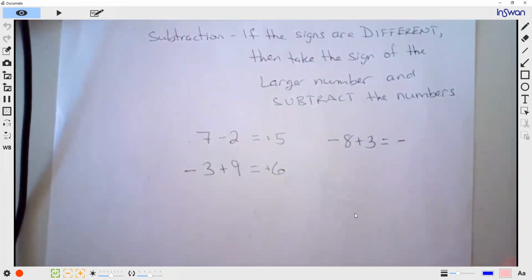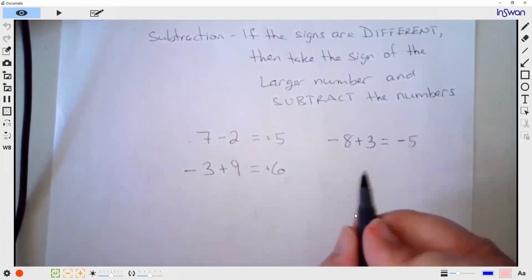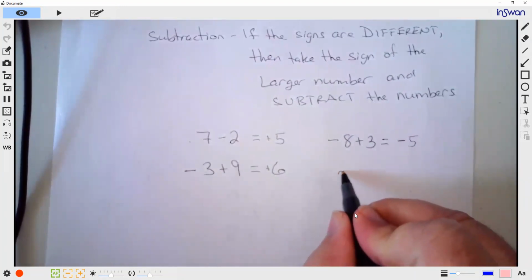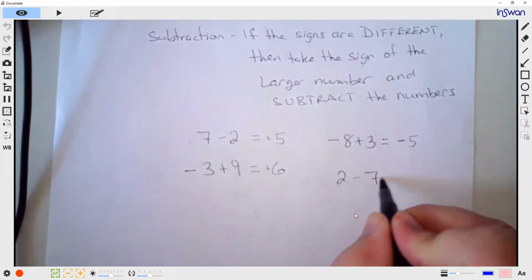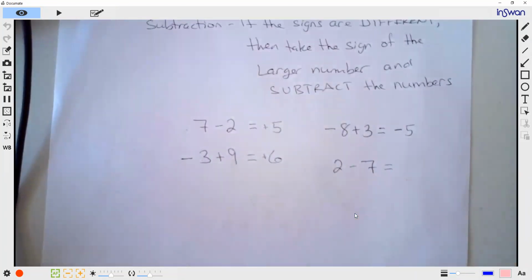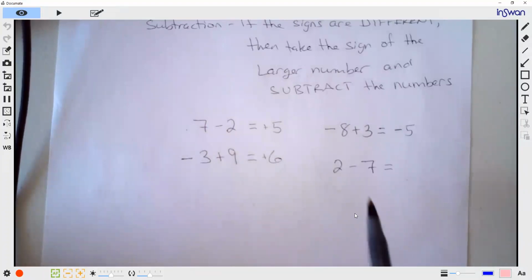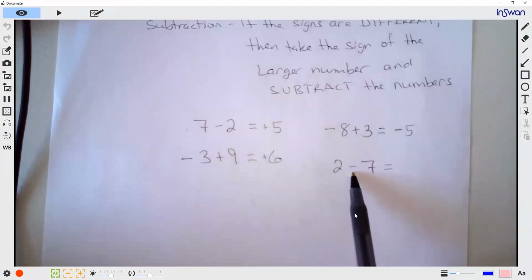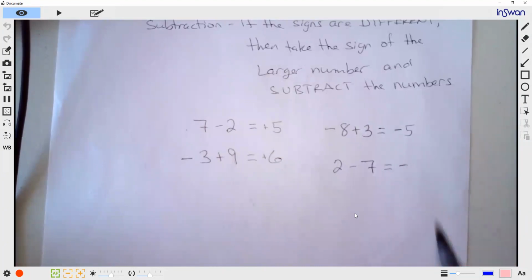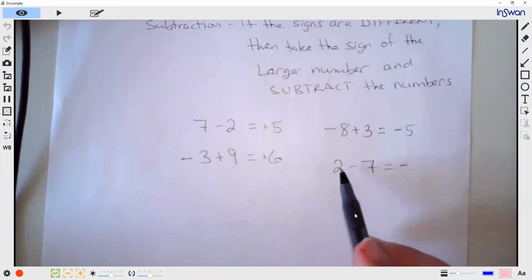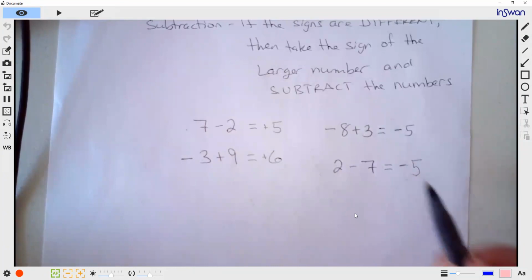Negative what? 5. Very good. Positive or not? Which number is bigger? 7. What's its sign? Negative. All right, so the answer is negative. 7 minus 2 is 5.